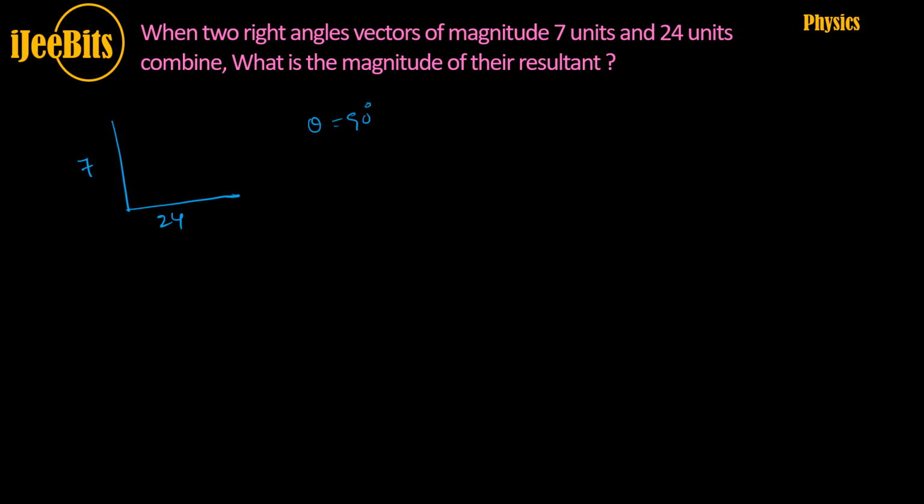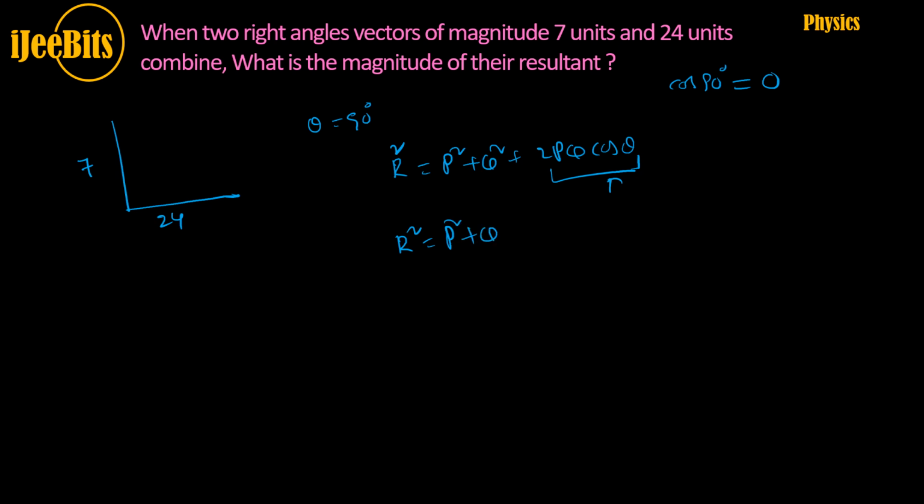It's easy, no? When right angle, obviously it's easier. If you look at R, square root of P square plus Q square plus 2PQ cos theta. Cos 90, how much? Cos 90 would be 0. So this component is gone. So what we have is that R square equals P square plus Q square.